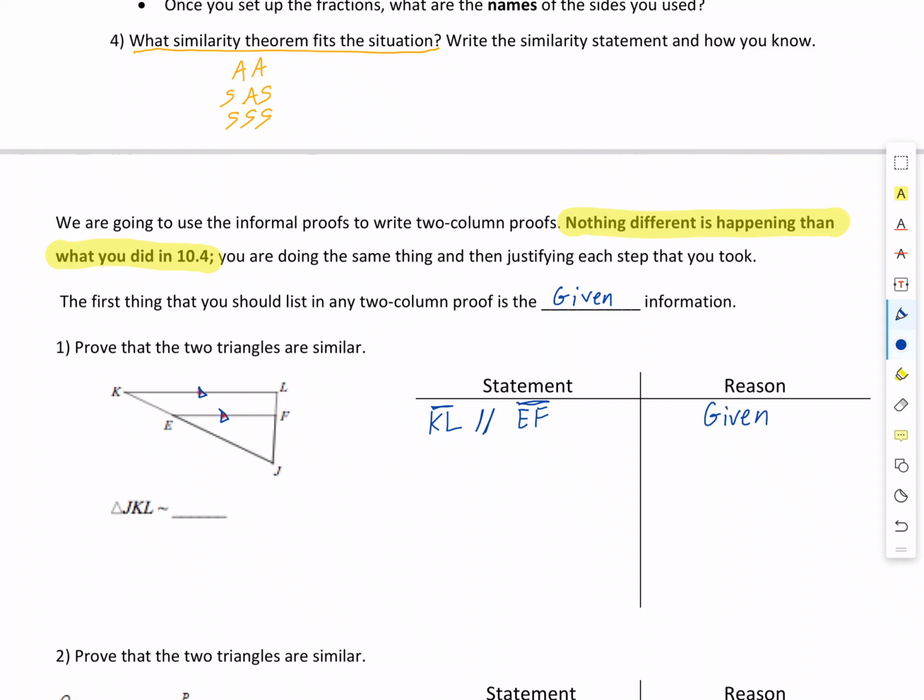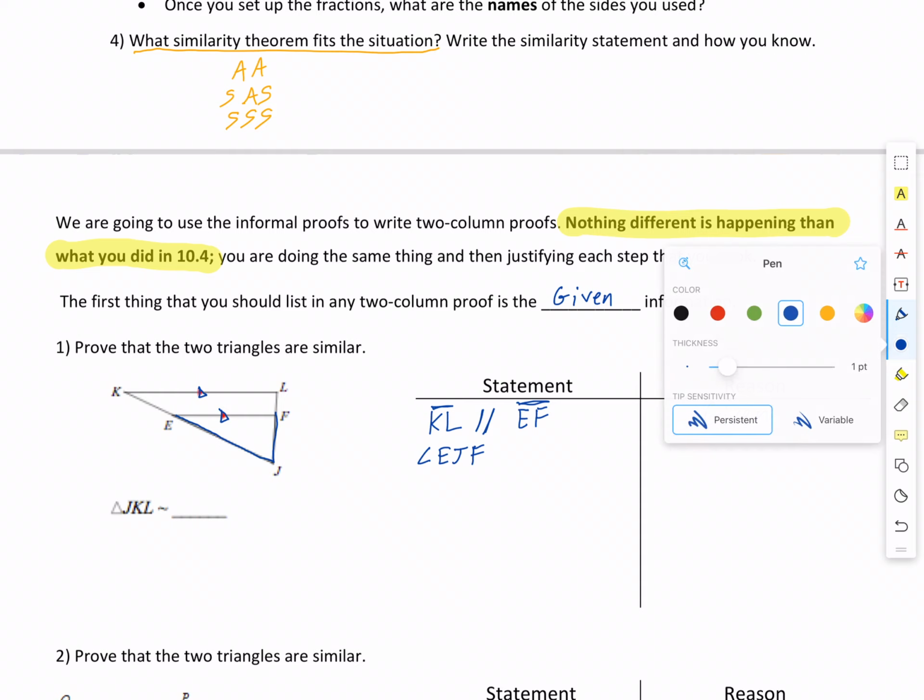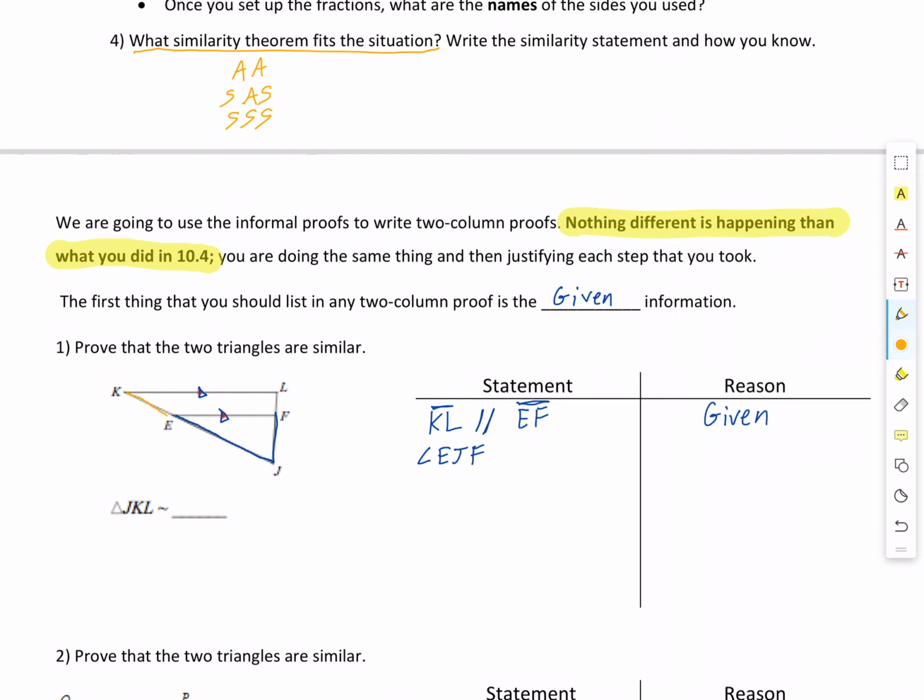The other thing we can look at is angle EJF, which is the same angle as KJL.